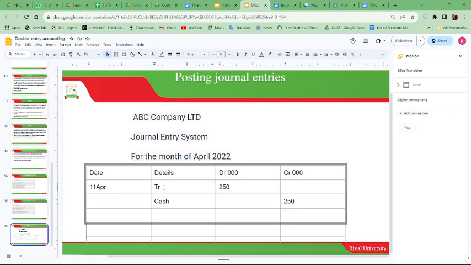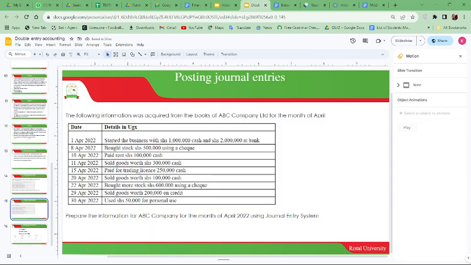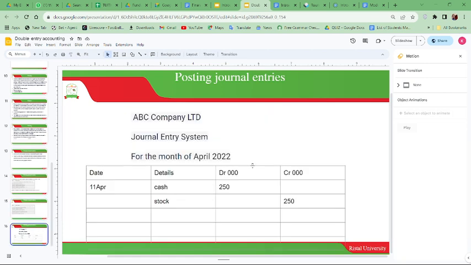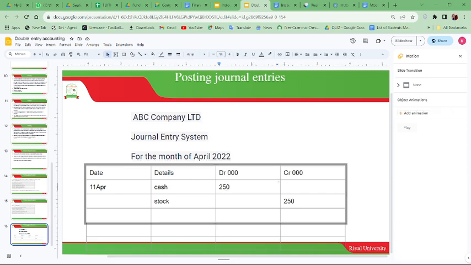Here we have our cash, and then our stock. The amount is 100 and 100.